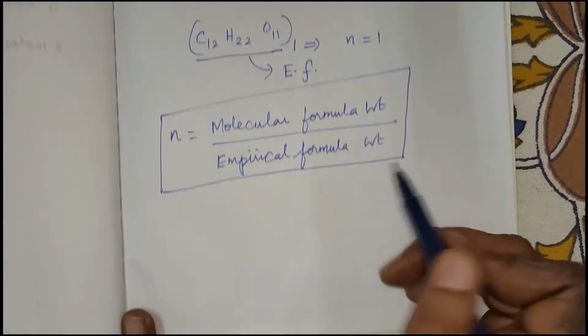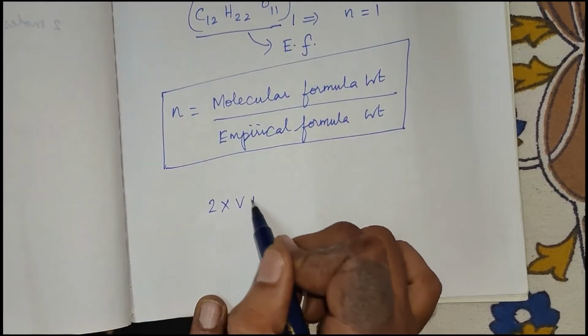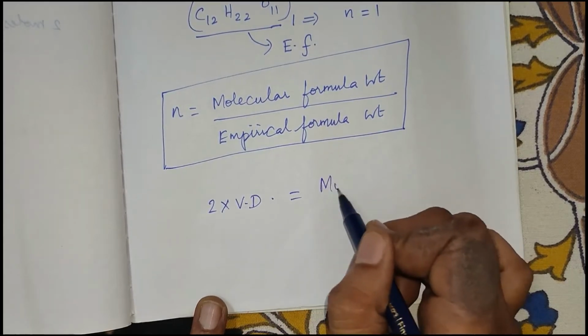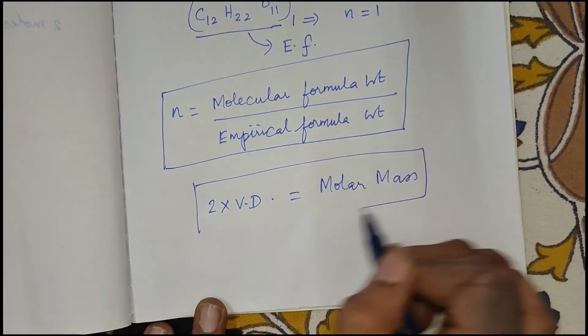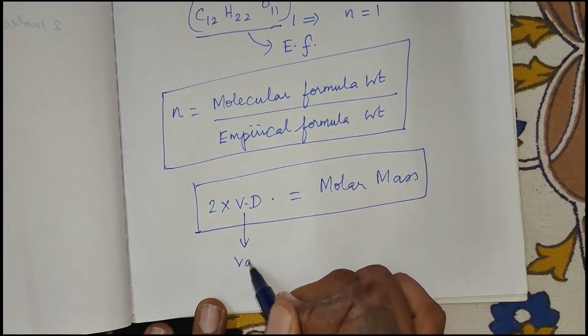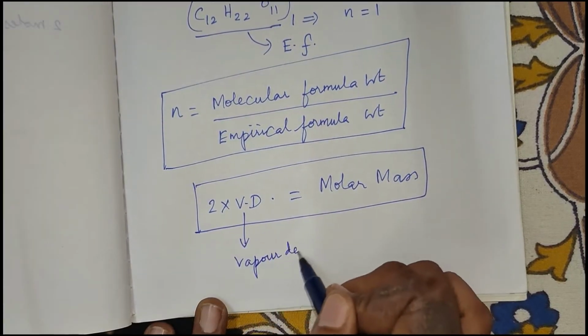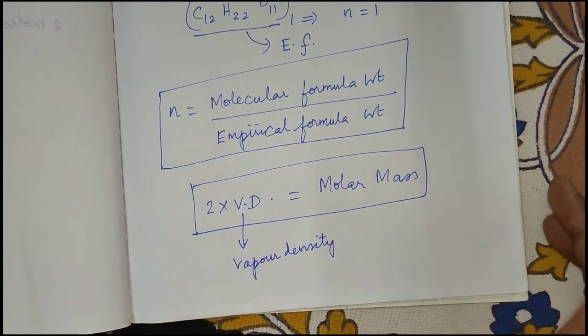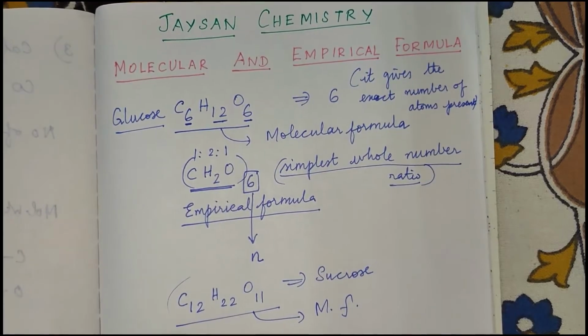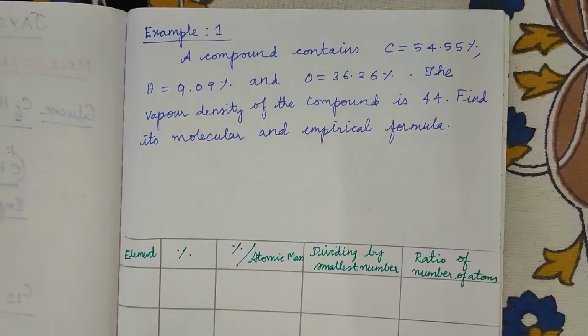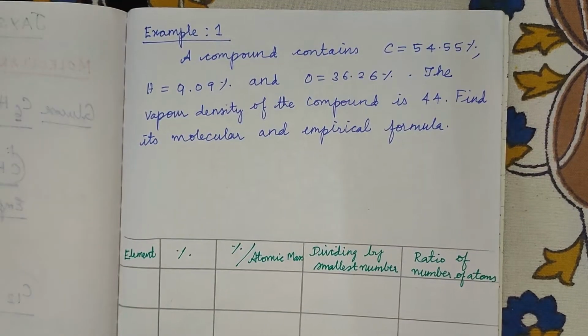You have one more formula: 2 into vapor density is equal to molar mass. So these two formulas are very important when you are going to calculate molecular and empirical formula. Now we are going to see problems regarding molecular and empirical formula.